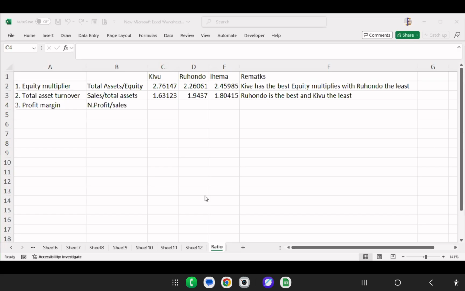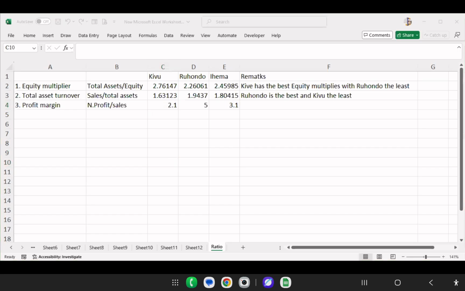Back to the question. Sales, net income 2.1, 3.5. 2.1, 3.1. We divide by the sales.